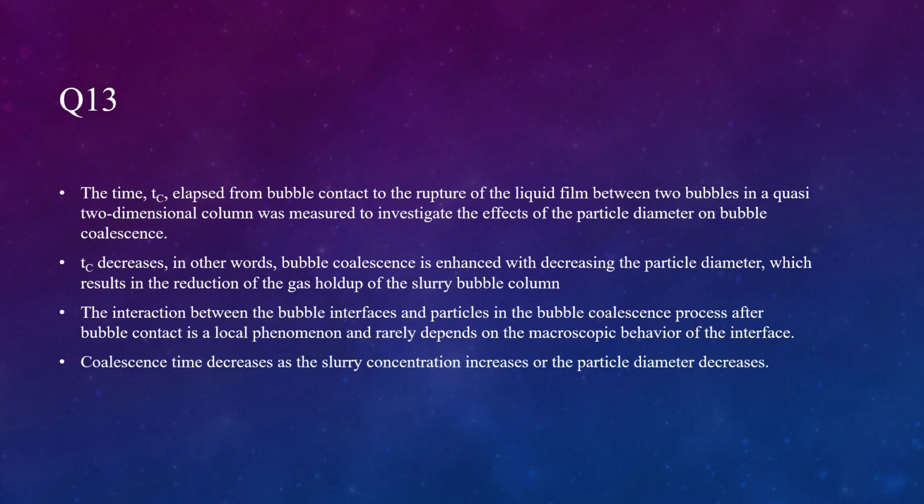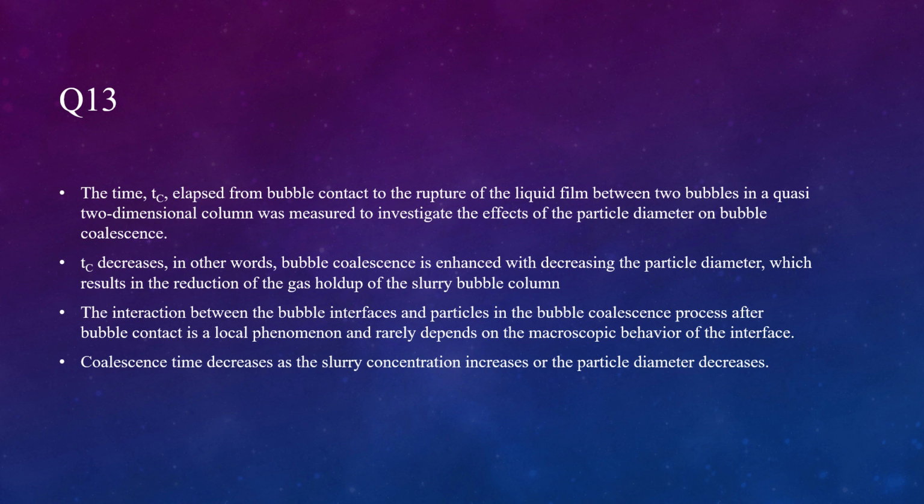Coalescence time is decreased as the slurry concentration increases or the particle diameter decreases. So for example, when two bubbles come in contact with each other, the time taken between the contact of the bubbles to the rupture of the liquid film between the two bubbles is measured as Tc, and it was influenced by the particle diameter.